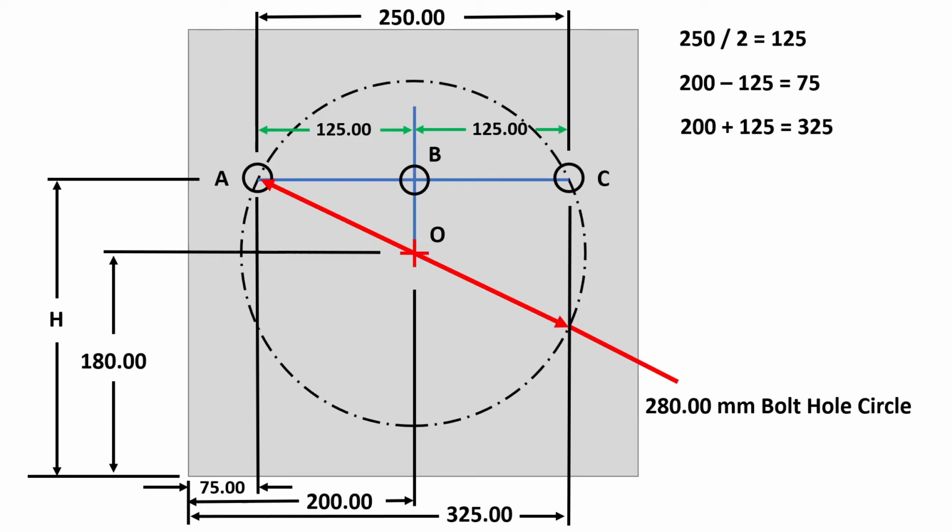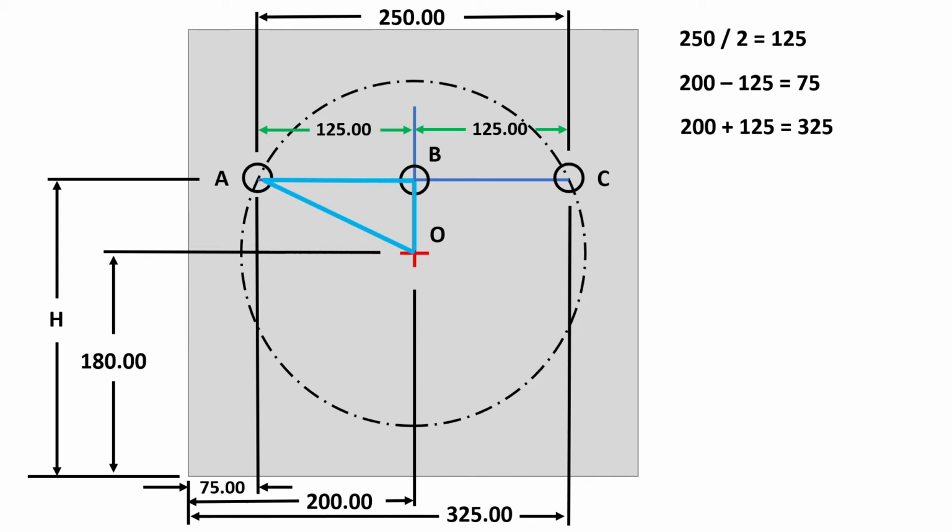Now let's solve H. Notice that triangle ABO forms a right angle triangle when using the radius from the center of the circle to point A, line segment AB, and line segment OB.